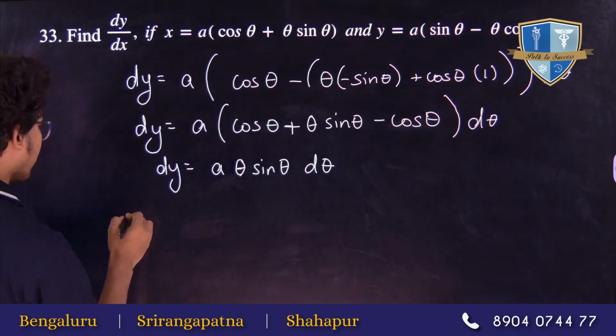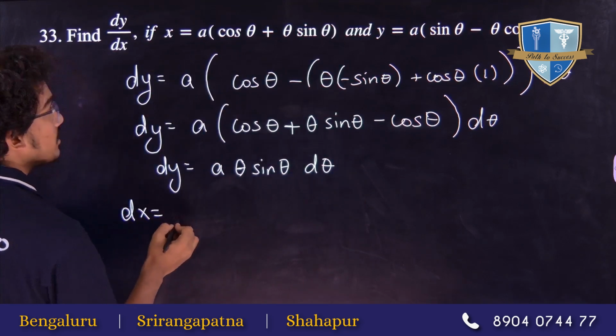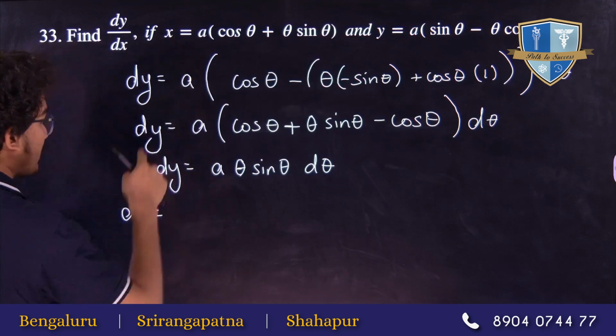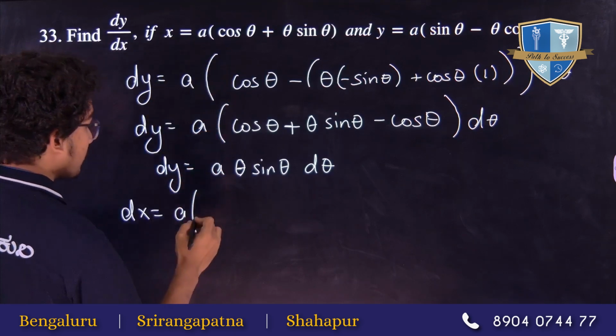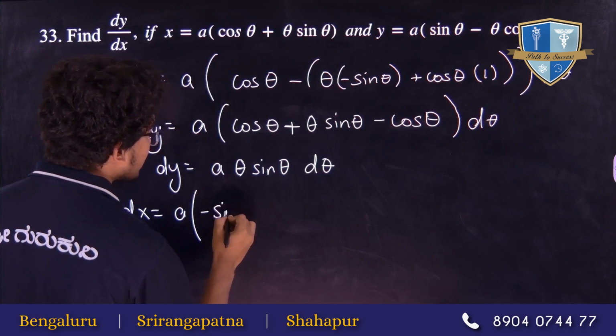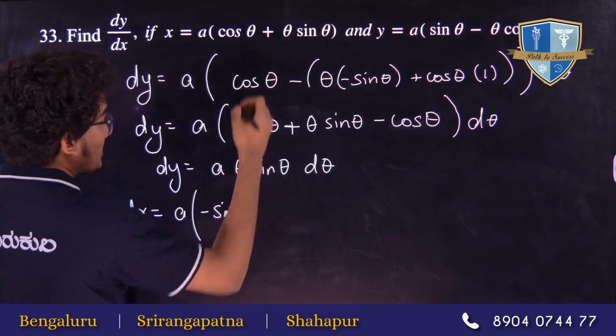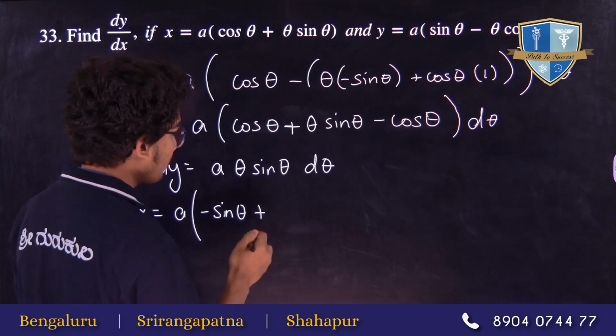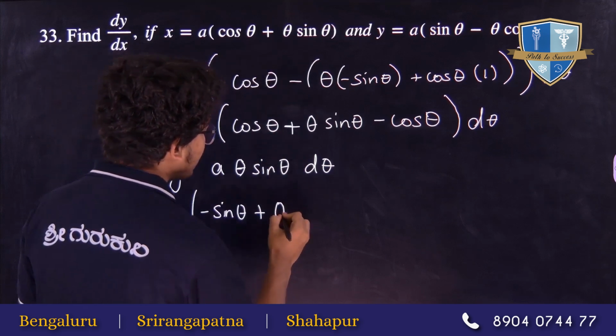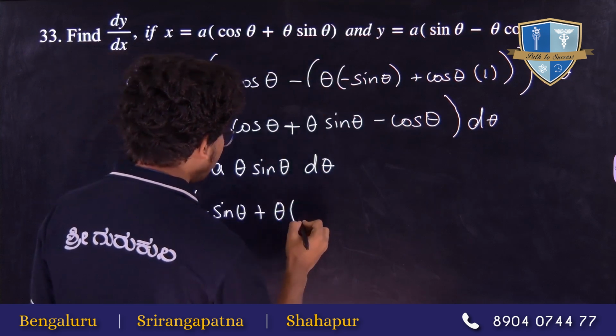Now similarly we will find dx. Differentiation of x will become dx. A is constant, so it will stay outside. Differentiation of cos theta will be minus sin theta, correct? Plus, we will use the UV rule, the multiplication rule of differentiation. So theta as it is, differentiation of sin theta will become cos theta.